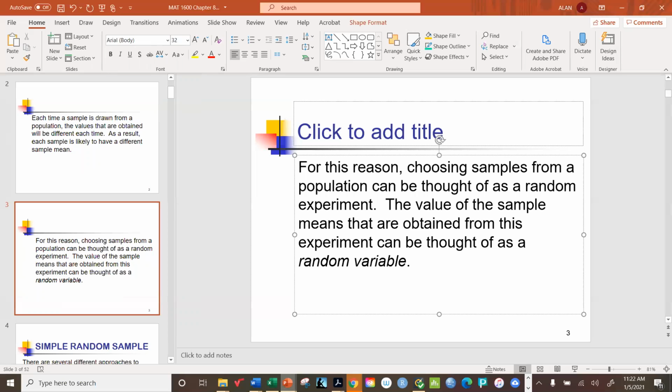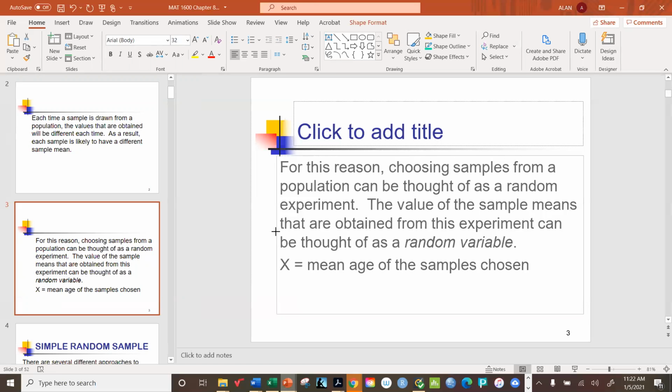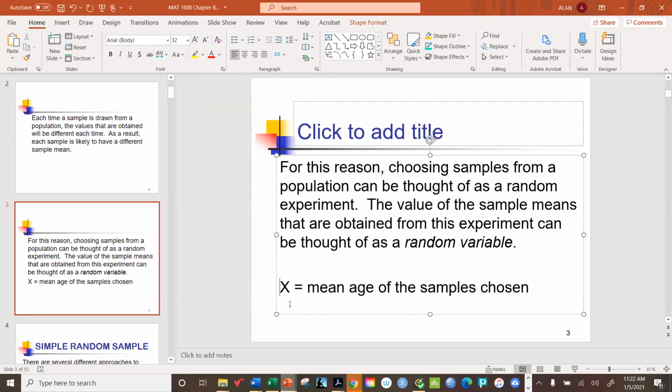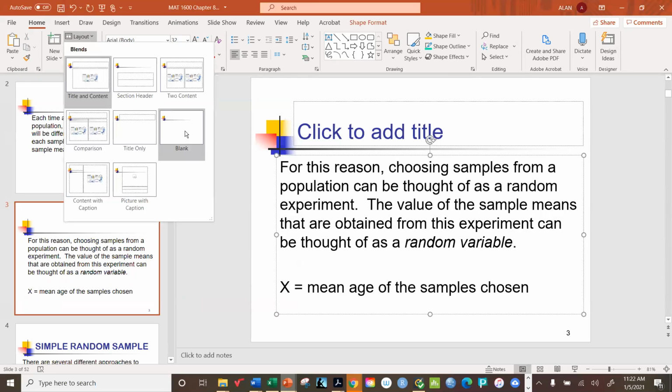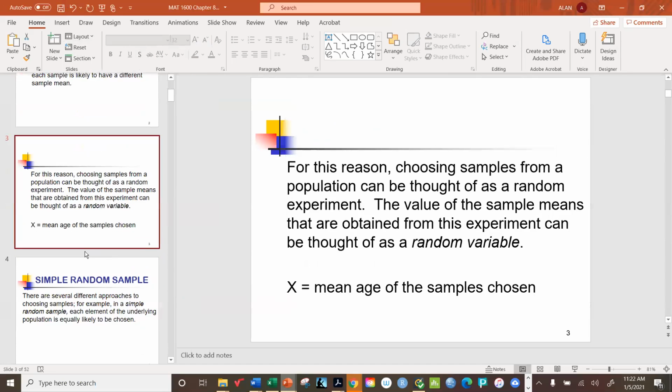You can imagine that X represents the mean age of the samples chosen. Once we have a random variable, it will have the following properties.